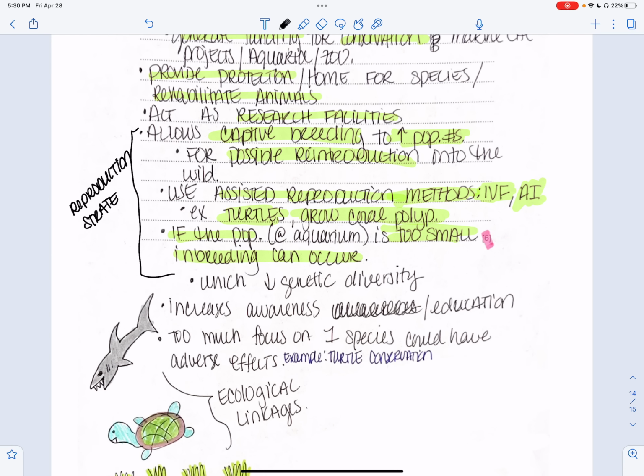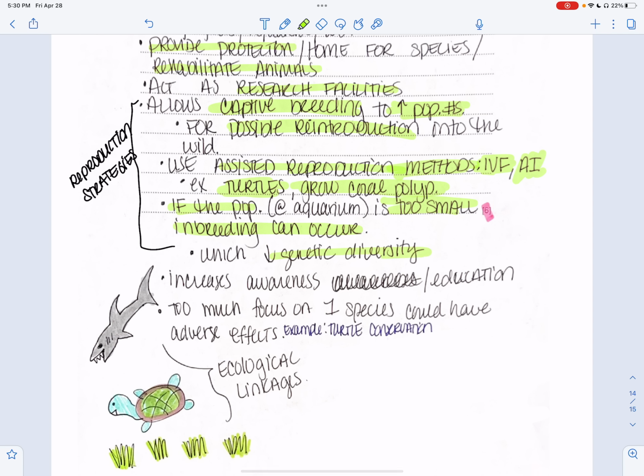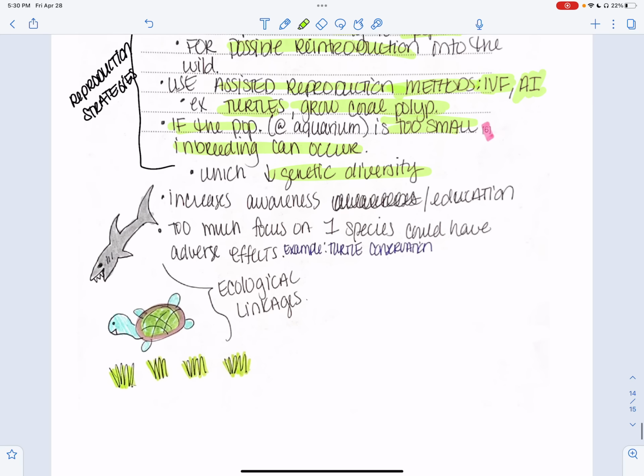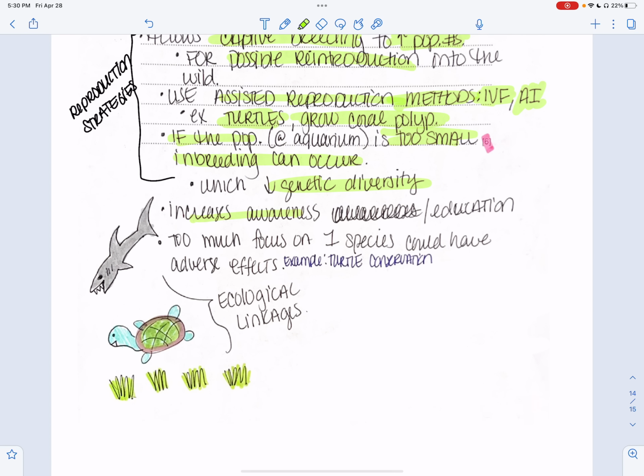If inbreeding occurs, then we will decrease genetic diversity. And something that we mentioned too is that increasing awareness or increasing education is another role for zoos and aquariums.